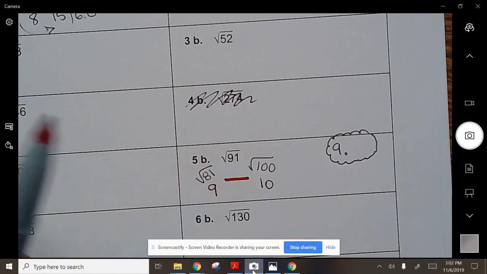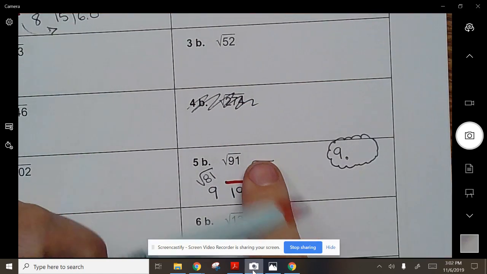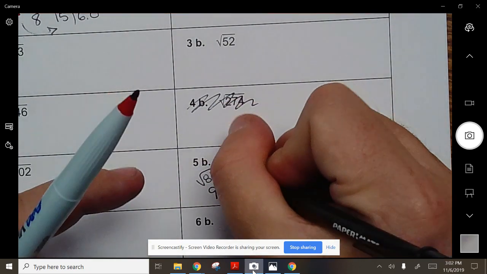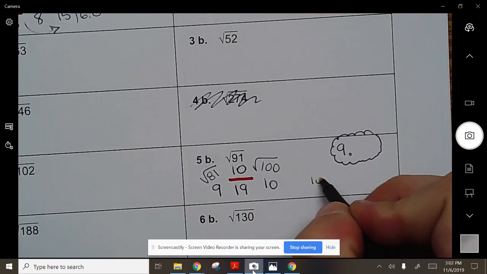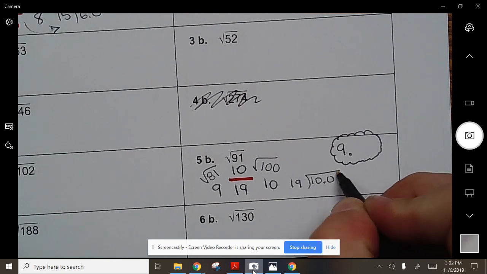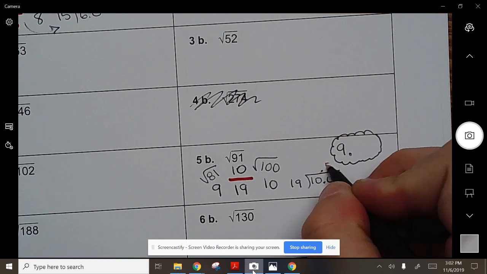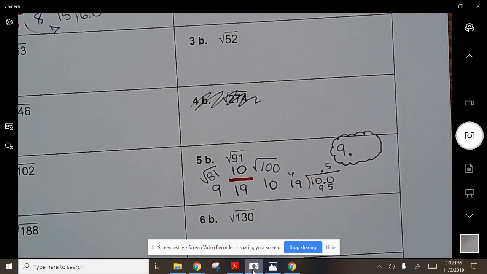The difference is going to be 19. Then the difference between the smallest one and the question is 10. Now actually do that division: 10 into 19, 19 into 100. I know 20 times 5 is 100, so I'm going to go 5. I get 95, so 0.5.